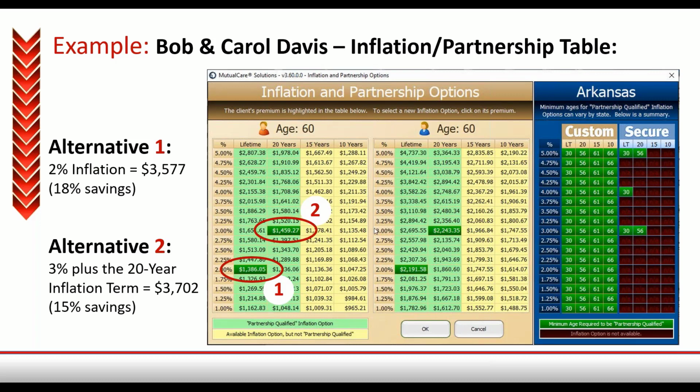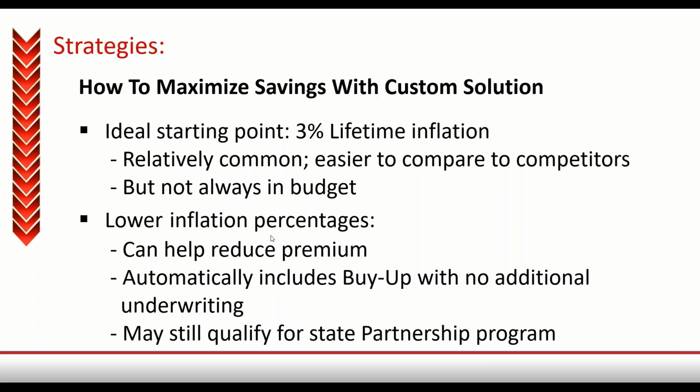That's another reason we use custom a lot. And I'll show you where that pick inflation plan is. But this shows those two alternatives, number one and number two, that I had in the slide before, and the price of them. So it's really an easy way to go in, look at different inflation options, and get those clients right to the premium dollar that they were looking at.